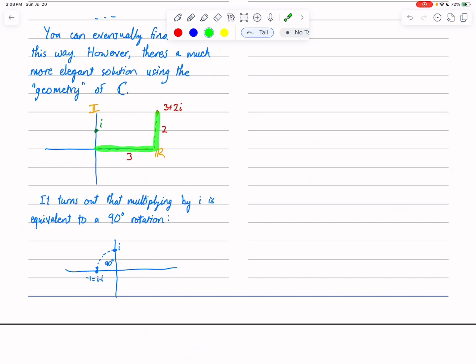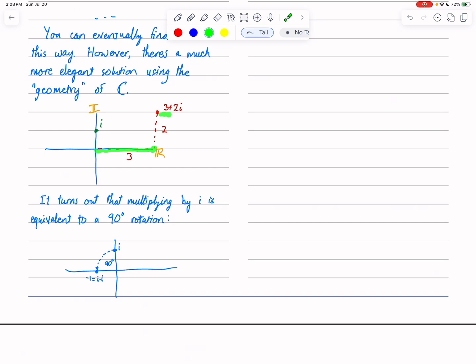If you take any complex number, and here I'm just writing down a random one for demonstration purposes, which is 3 plus 2i, we can identify that with a point in the plane by making a horizontal real axis, and so we're going to go out a distance of 3, because that's the real part of our example complex number.